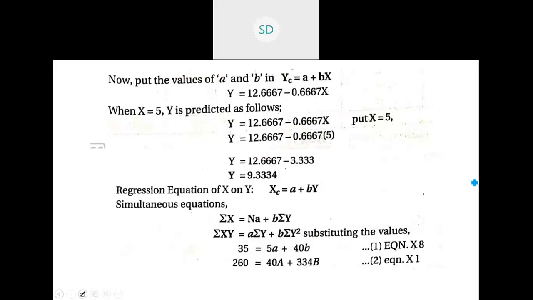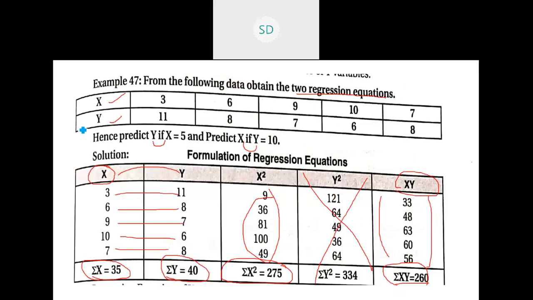Okay. Now, once we know the value of a and b, let us put that into the original equation of y on x. The original equation is yc is equal to a plus bx. Now, if you go back to the question, here they say hence predict y if x is 5. This is important for us.